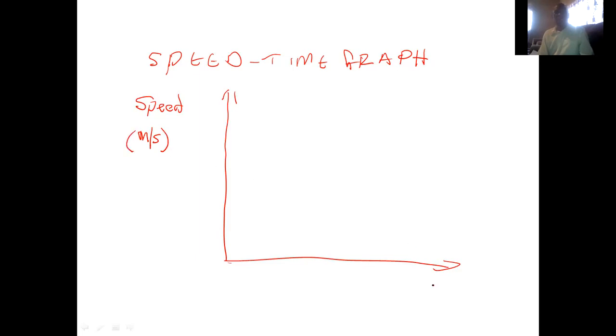And in the x-axis, we are going to indicate time in seconds.